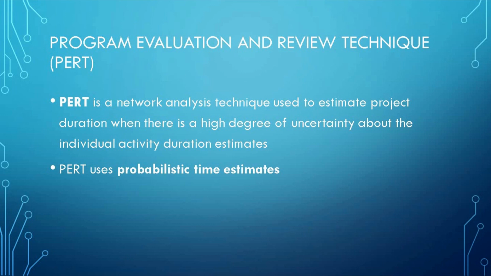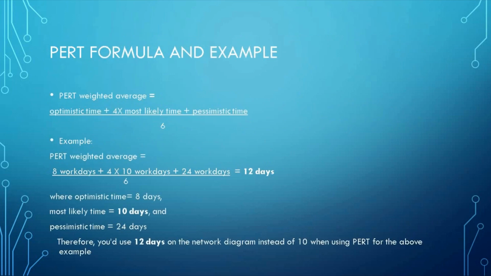PERT is a variation on critical path analysis that takes a slightly more skeptical view of time estimates made for each project stage. To use it, estimate the shortest possible time each activity will take, the most likely length of time, and the longest time that might be taken if the activity takes longer than expected.